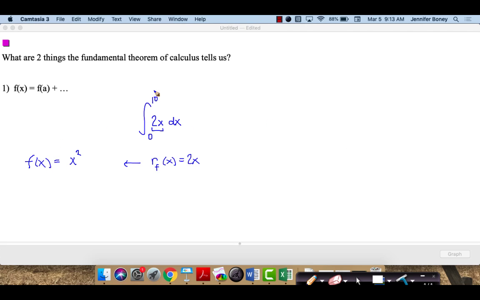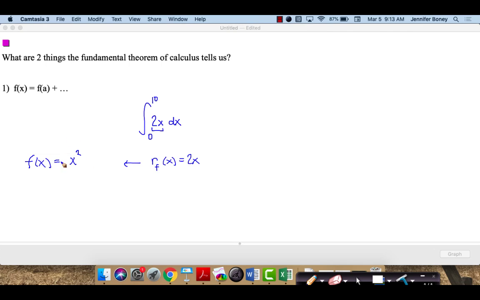But if I want to know what happens because of this rate between x equals 0 and 10, all I have to do is come up with any function that has that rate. It doesn't have to be a specific one. Because this function has that rate, this or anything else would have the same net change between x equals 0 and 10.